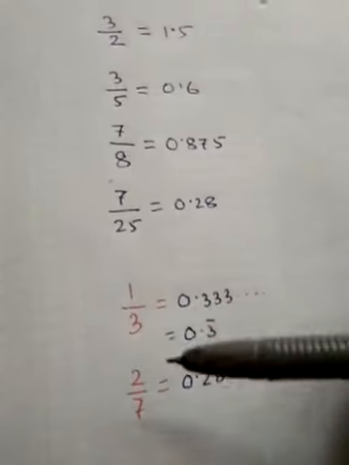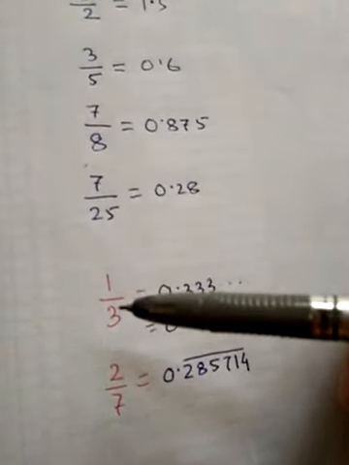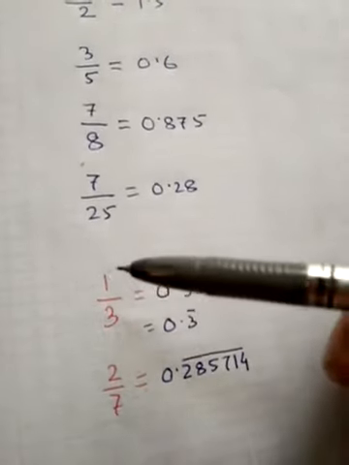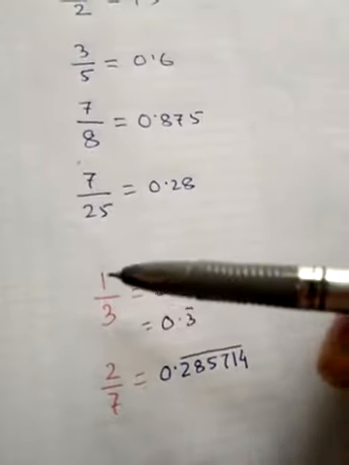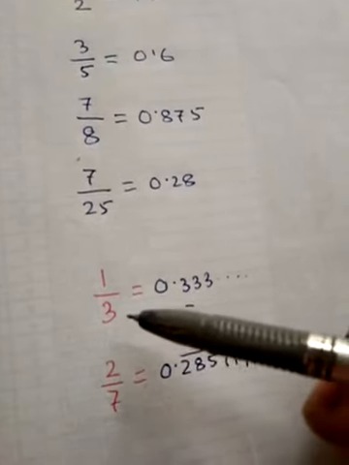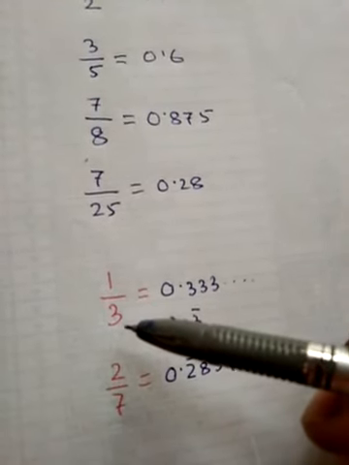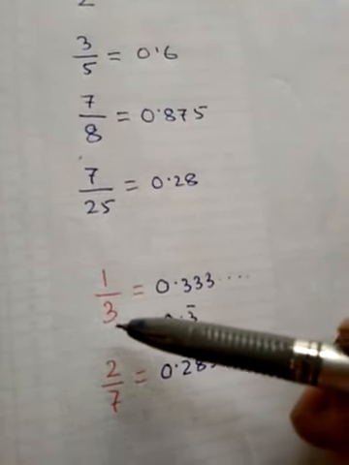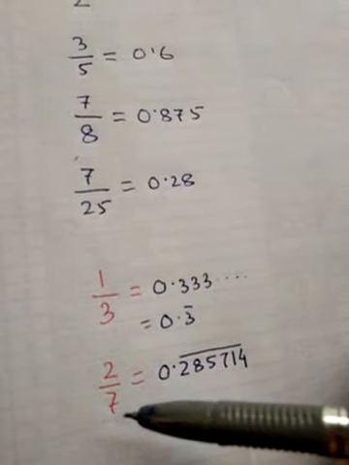And here the denominators in the simplified form of the rational number are other than 2 and 5. Here it is 3, here it is 7.